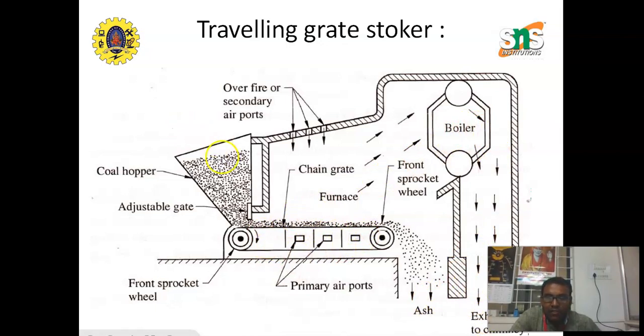The coal is poured into the hopper, and this is the adjustable gate. The coal particles enter and are carried into the boiler with the help of the conveyor or chain grate. From there, it enters the boiler, and the ash particles are exhausted into this area.